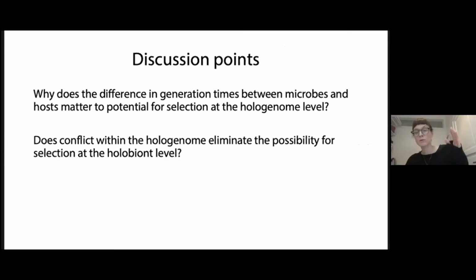So there is some conflict within the holobiont. But isn't that like when you have conflict between paternal and maternal alleles in a host? Exactly. So I would say that no, you can have conflict within the holobiont and still have selection at the holobiont level, because even just considering our own genome, there's still conflict.